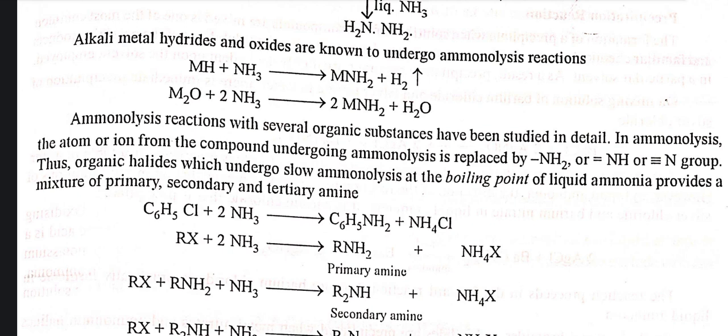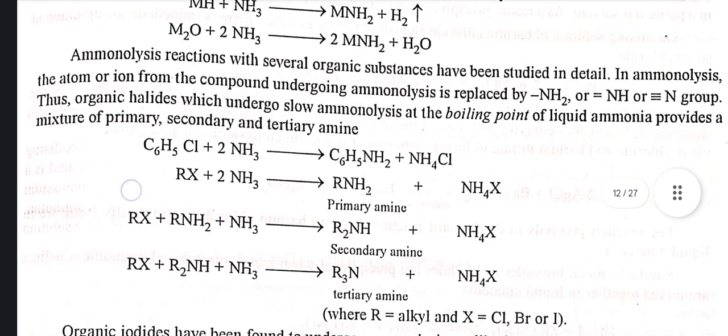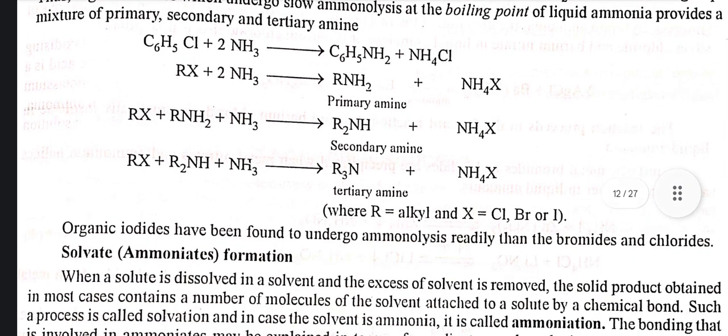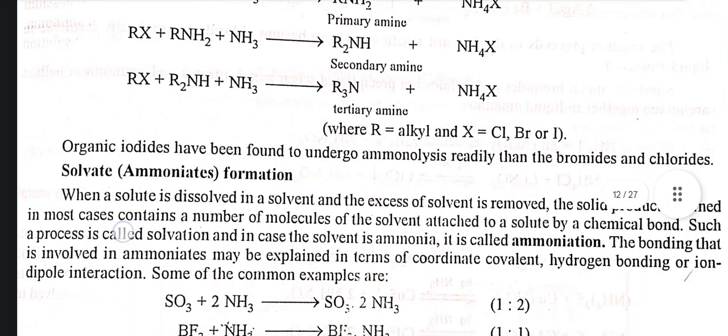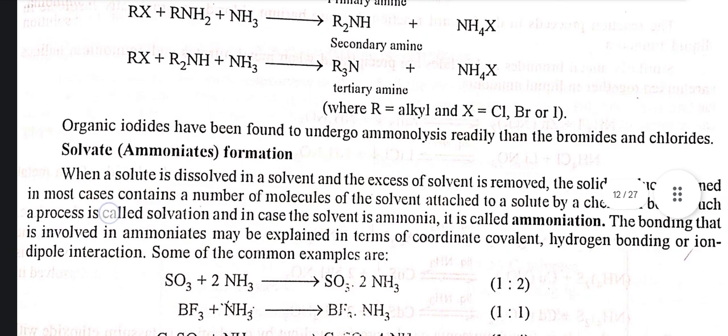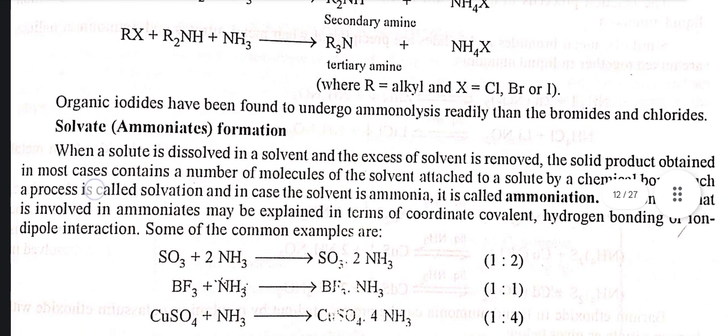In ammonolysis, the atom or ion from the compound undergoing ammonolysis is replaced by an NH2, NH, or N group. Thus, organic halides, which undergo slow ammonolysis at the boiling point of liquid ammonia, provide a mixture of primary, secondary, and tertiary amines. Organic iodides have been found to undergo ammonolysis more readily than the bromides and chlorides.